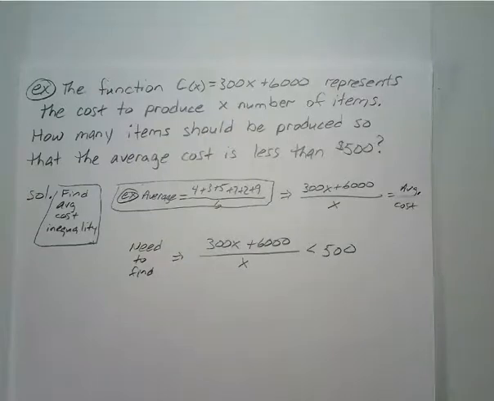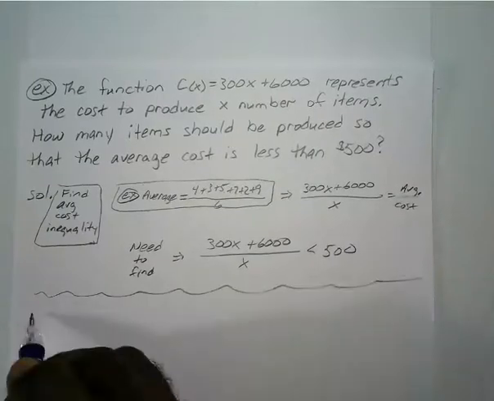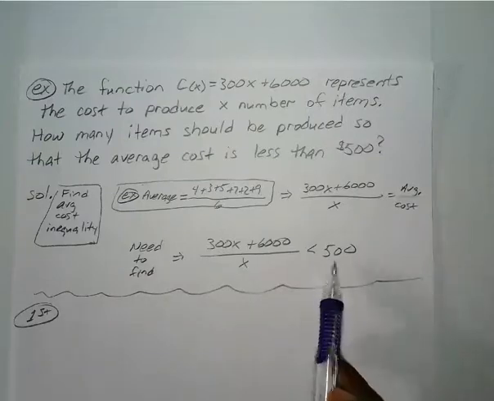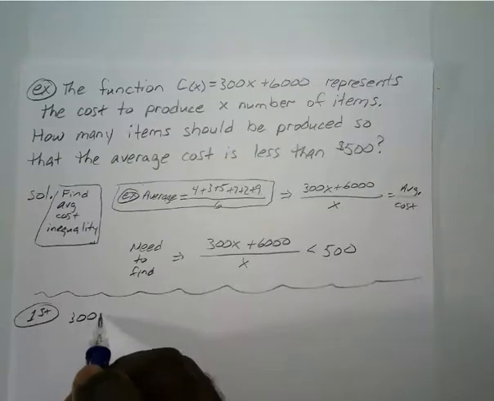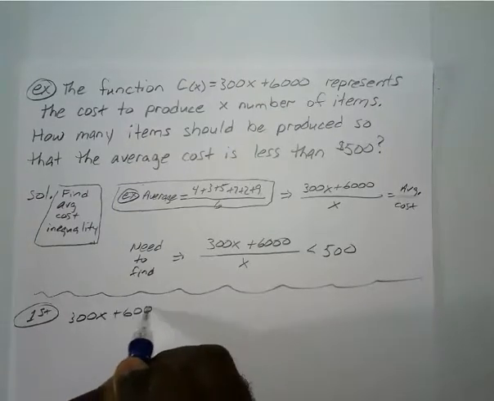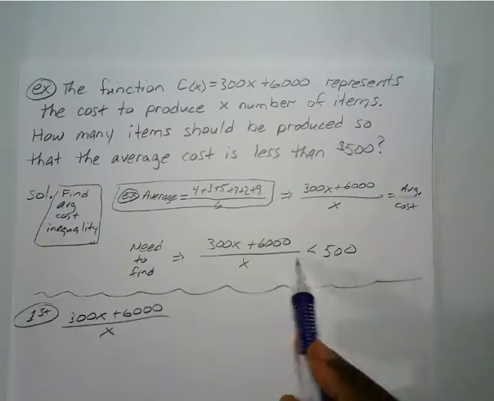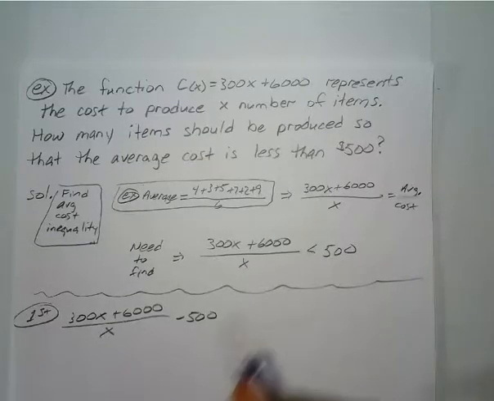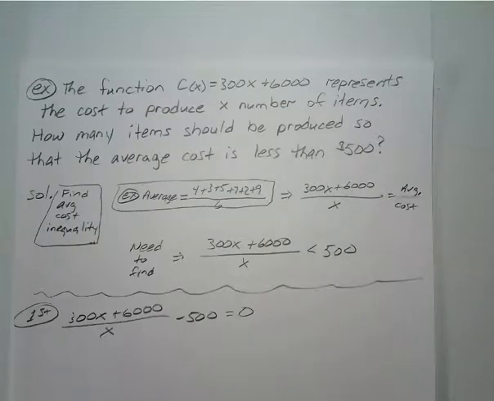All right, so we're going to go ahead and start to solve this one. Our first step is we're going to solve the equality. So if we subtract 500 from both sides, we get 300x plus 6,000 over x minus 500. You subtracted 500 from both sides, and we're looking for the equal sign, so we're going to solve for equals 0.